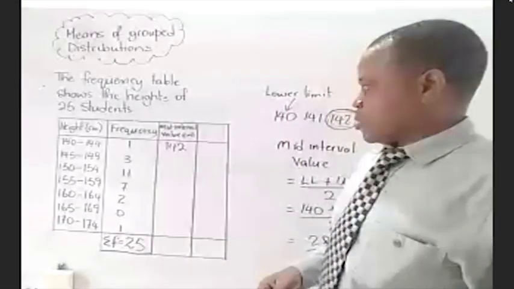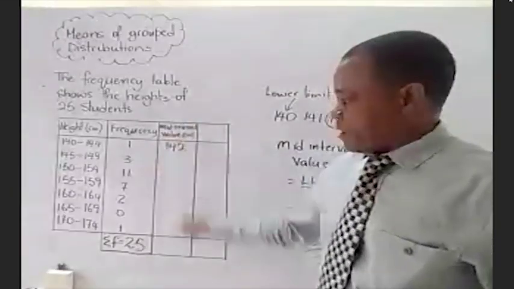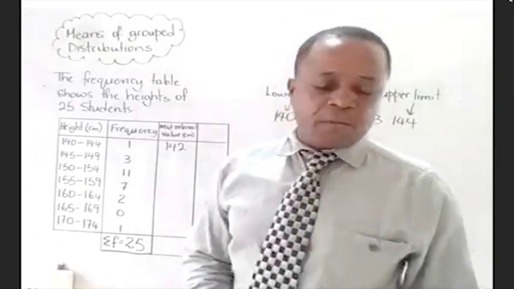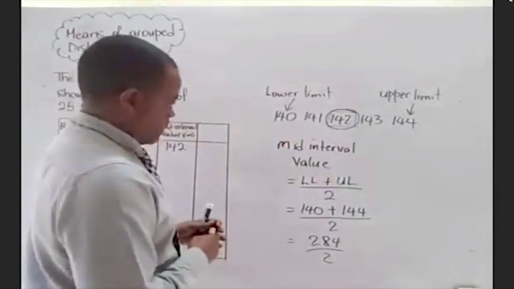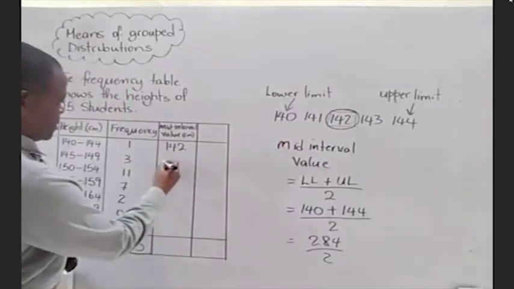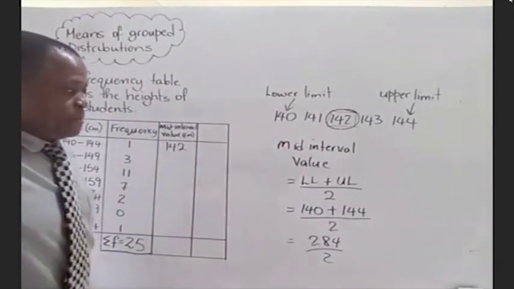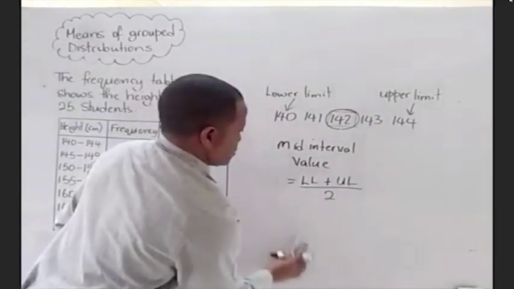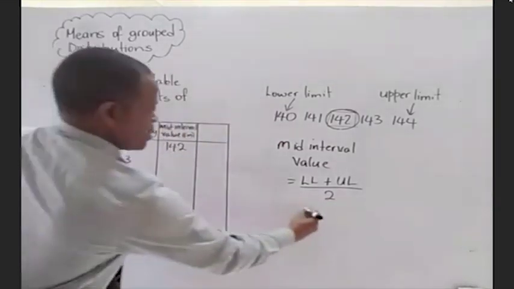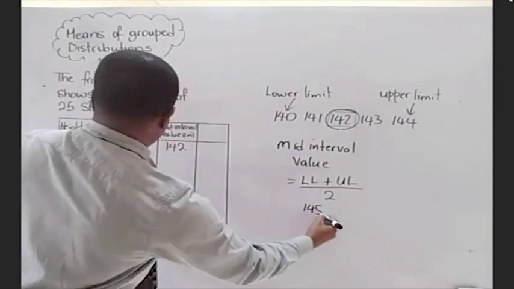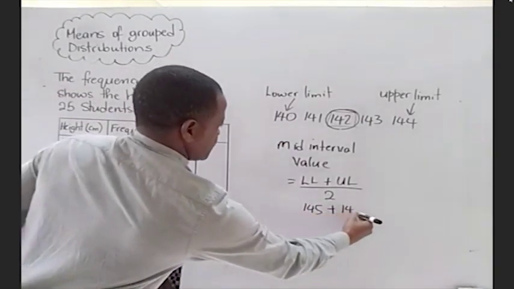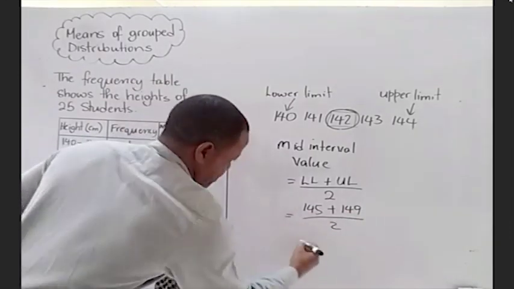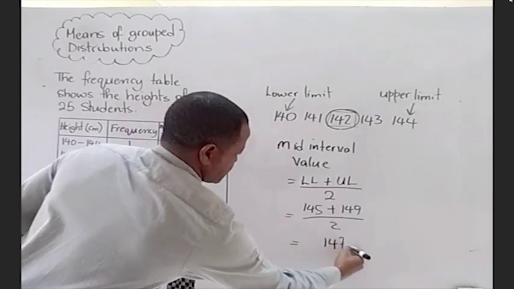All right. So we can go ahead and find all the midpoint values there. Let's just fill in that column quickly, and you could just work with me. We could do the second one, which is 145 plus 149, divided by 2, and that should give us 147.